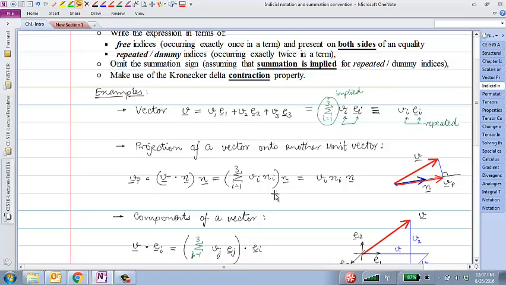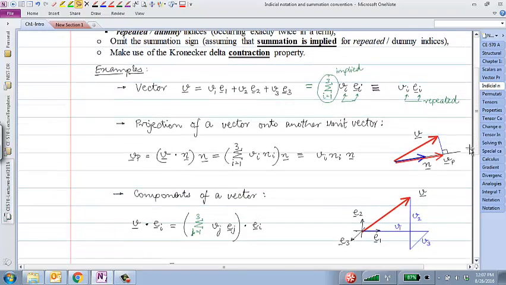We have a scalar multiplying a vector, so no dot between them, indeed. And I'll point out once again, these two i's are repeated, which means that the summation is implied. I'm not going to write that summation explicitly, it's implied.